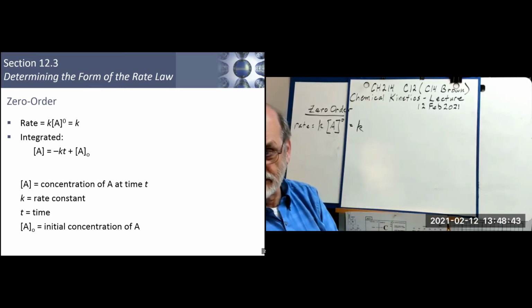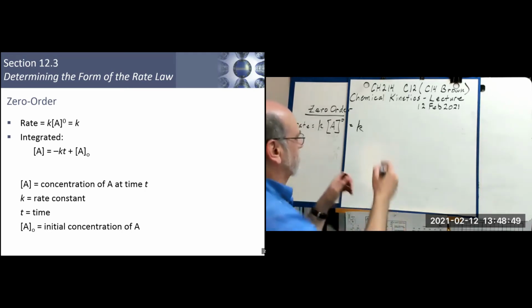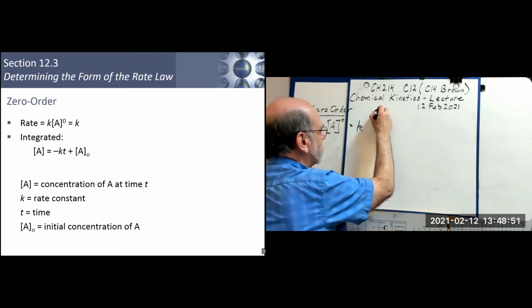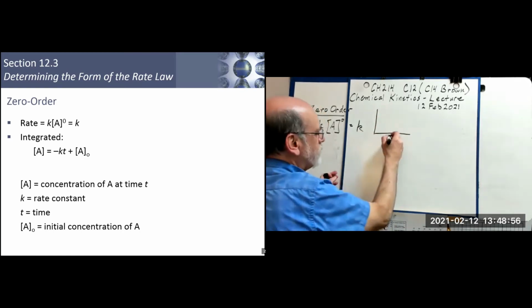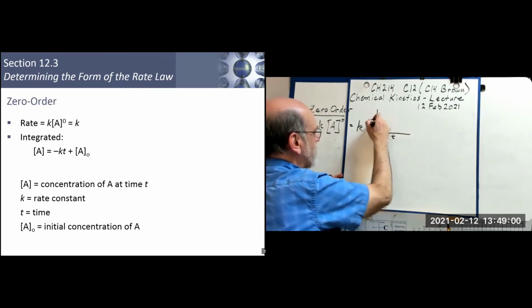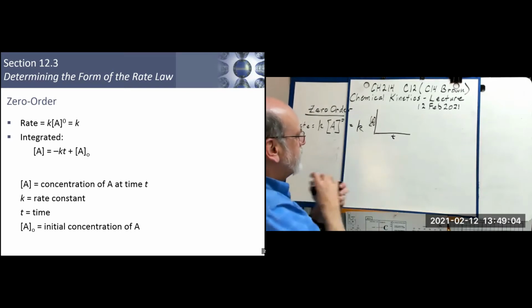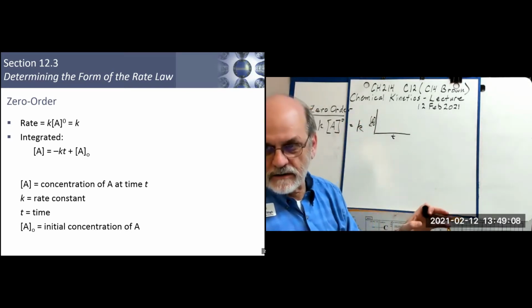Okay? So what does that look like when we graph it? If we have time and concentration of A here, then over time, the rate never changes.